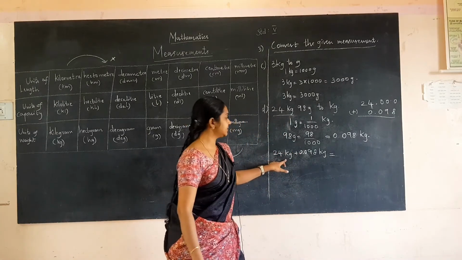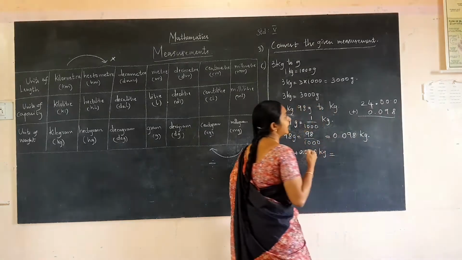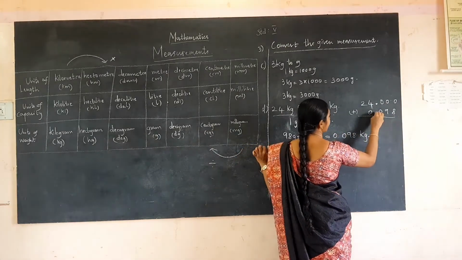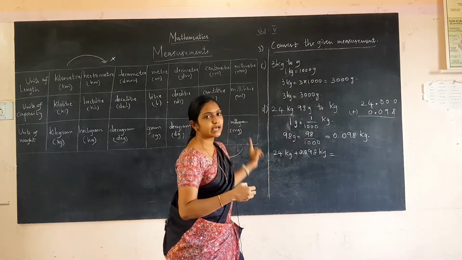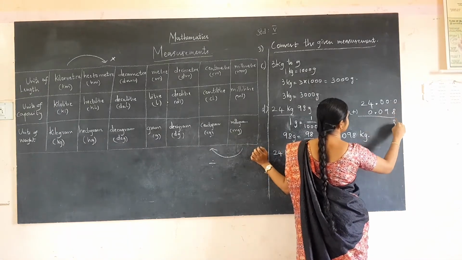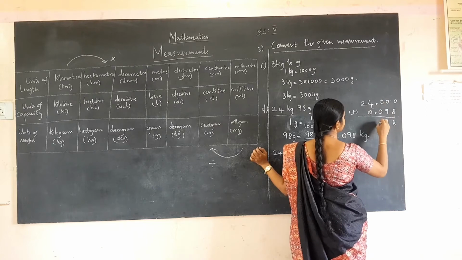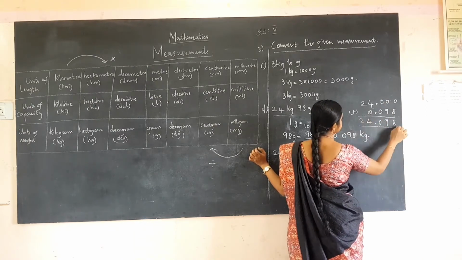We have to keep the decimal point and put 3 zeros to convert the unlike decimal into like decimal, and we have to write the numbers so that the decimal point lies on a straight line. Now add: 0 plus 8 is 8, 0 plus 9 is 9, 0 plus 0 is 0, and keep the decimal point, 4, and here it is 2.